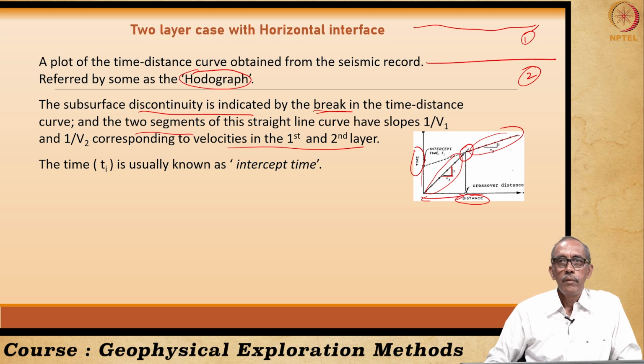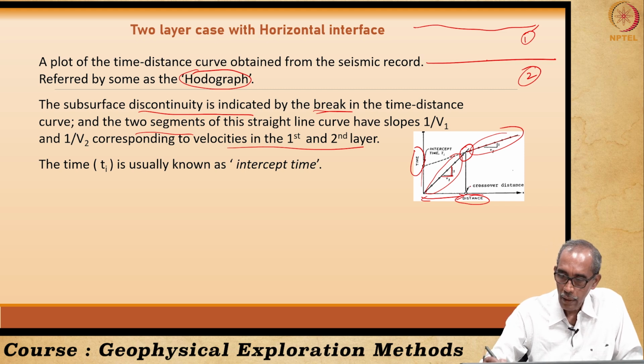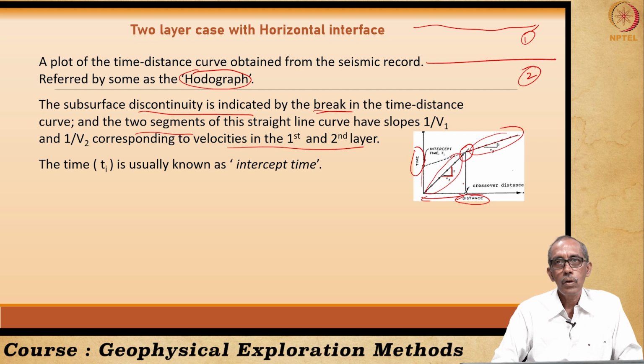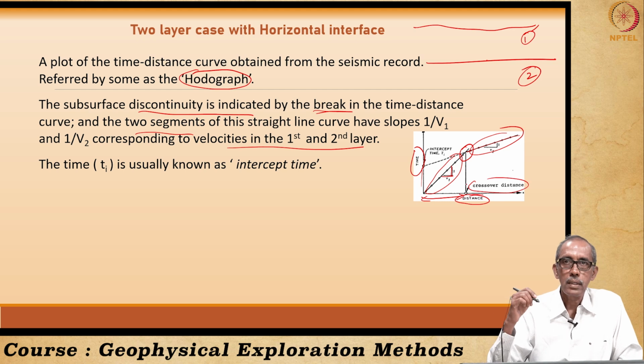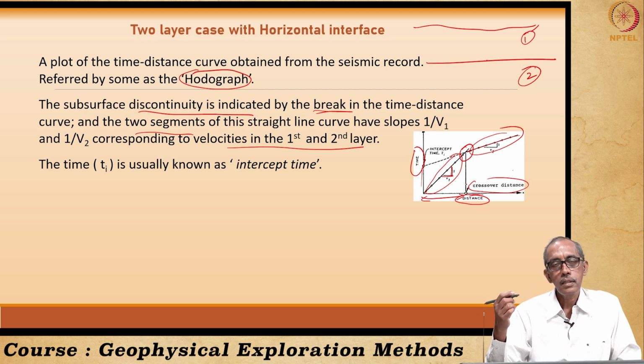And we already have learnt about crossover distance. What is crossover distance? Crossover distance is the distance at which the direct rays, or the time of arrival of direct rays, are overtaken by the refracted signals.